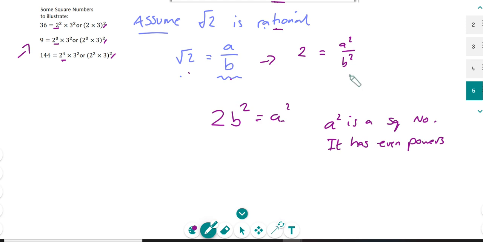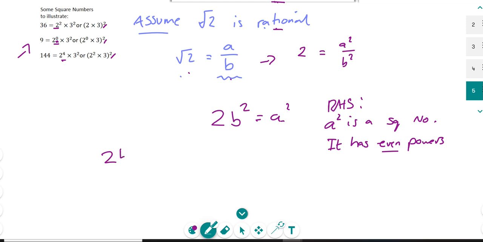If it doesn't have the number appearing, 0, we're still going to say that that's an even power. So, a squared is a square number, and a squared is equal to 2b squared. So the left hand side is going to be the same number as the right hand side.